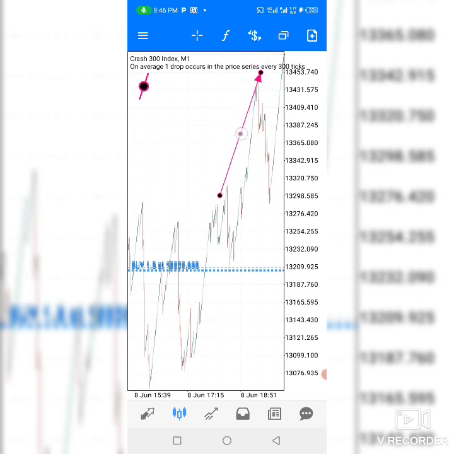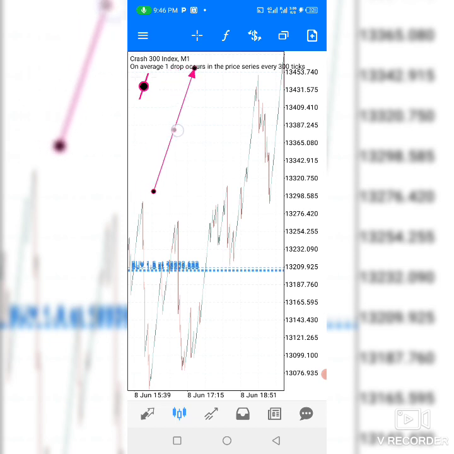Remember that I'm teaching you how to trade Crash 300 spikes, how to trade the spike here. So you only look for sell signals. Once you see the price action hitting the top of the screen, which is somewhere here, you see here, this place, even here they wrote something.